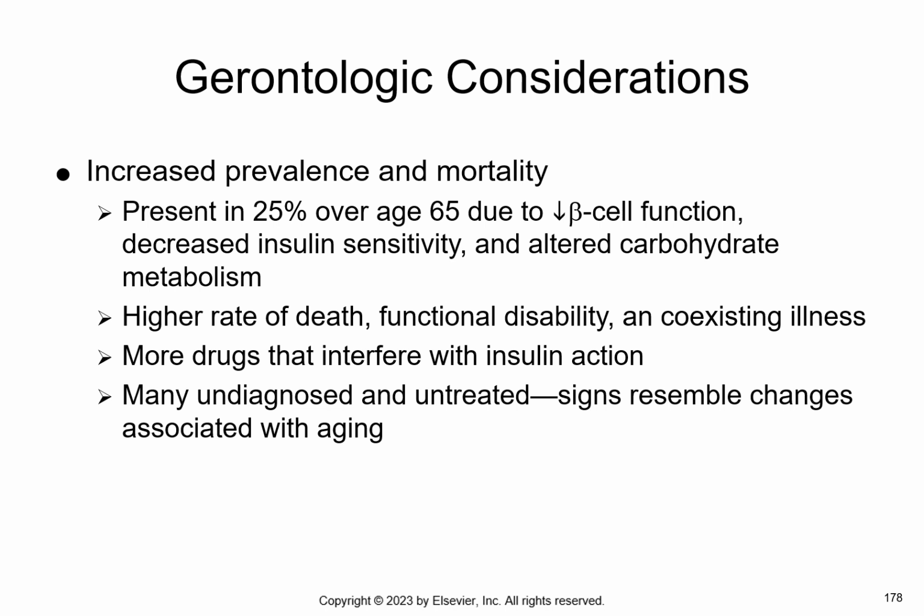A major reason for this is that the aging process is associated with a reduction of B cell function, decreased insulin sensitivity, and altered carbohydrate metabolism. Aging is associated with conditions that are more likely to be treated with drugs that impair insulin action, like corticosteroids, antihypertensives, and phenothiazine. Undiagnosed and untreated diabetes mellitus is more common in older adults.